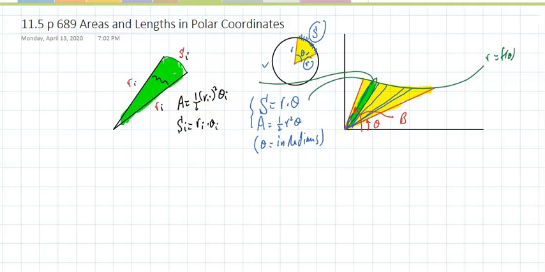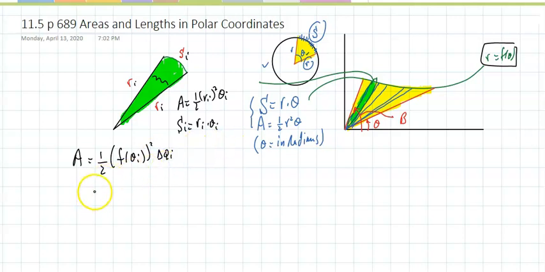Well, I know that r is f of theta, so I could say area would be 1/2 f of theta sub i squared times the change of theta sub i.